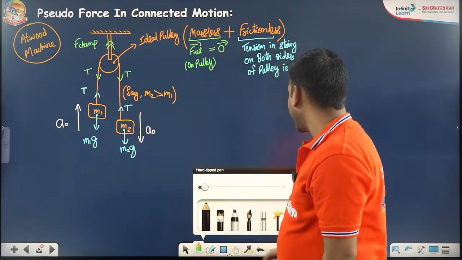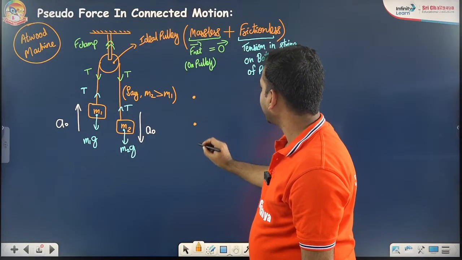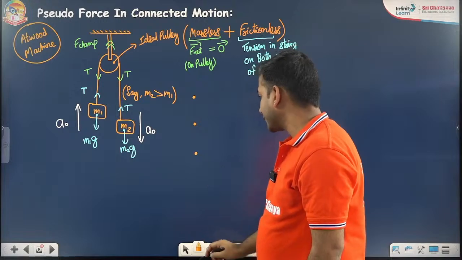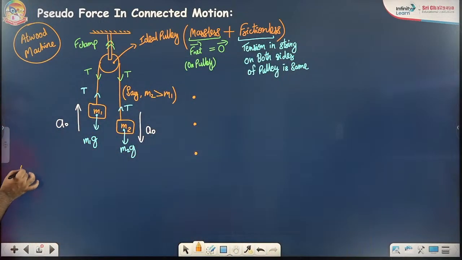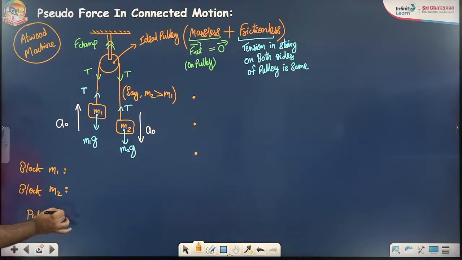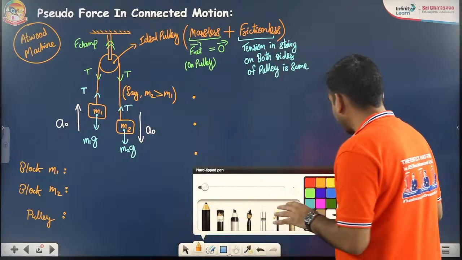So here I would like to write three things. First of all, if I want to write the equation for block M1, what I can write, and for block M2, what I can write, and for the pulley, what I can write. These are the equations which I am trying to write here.